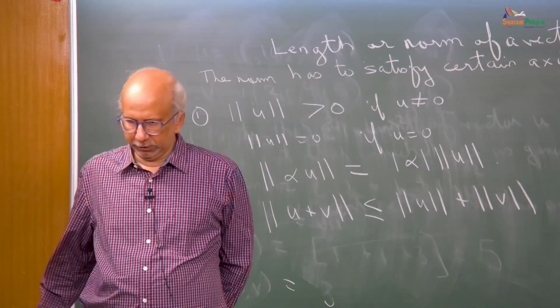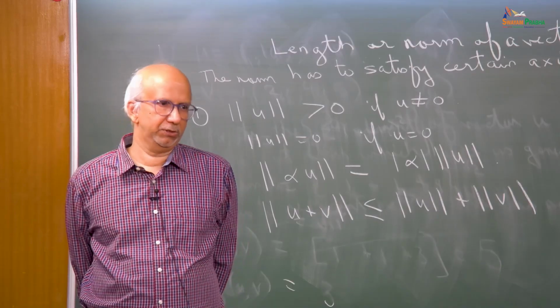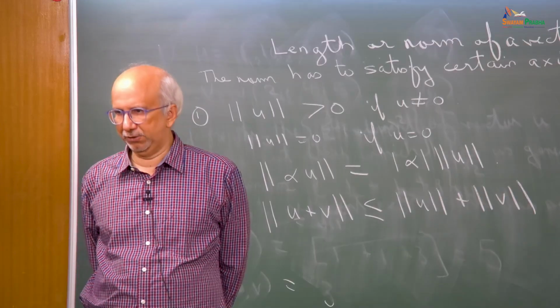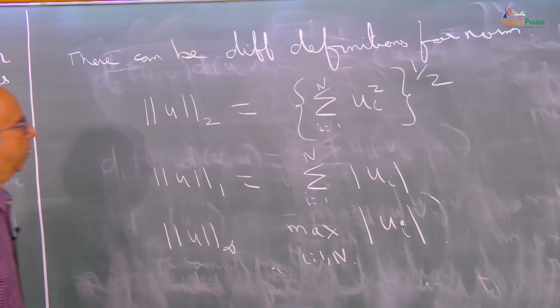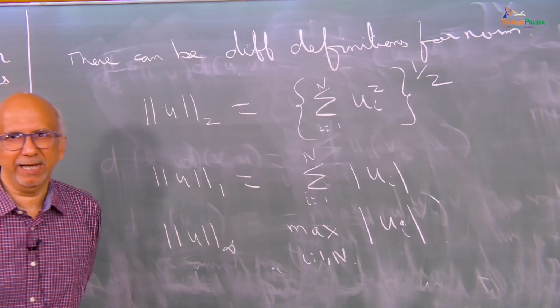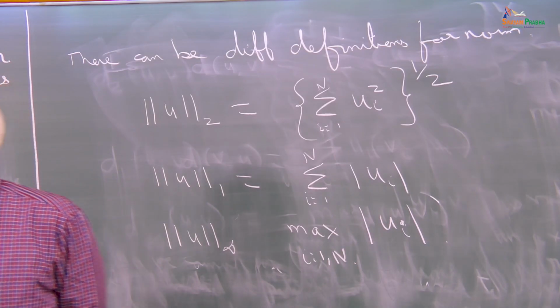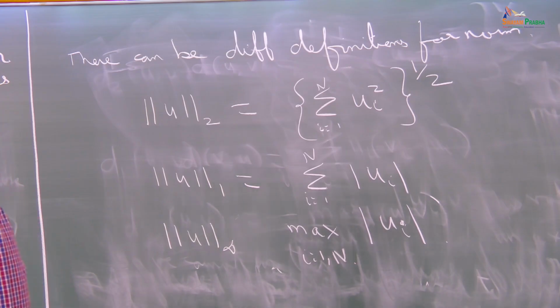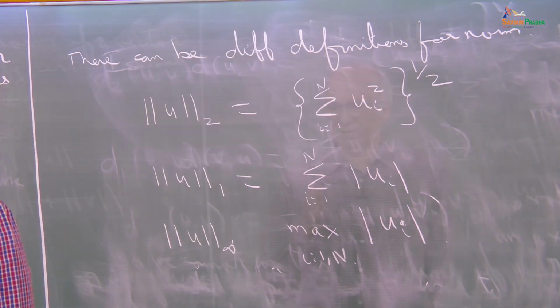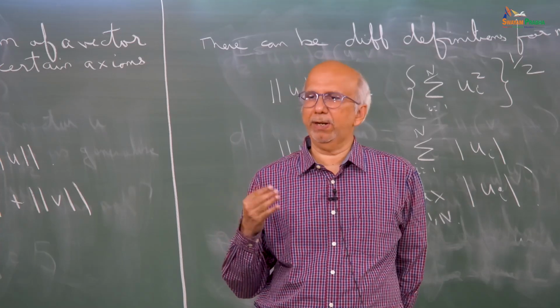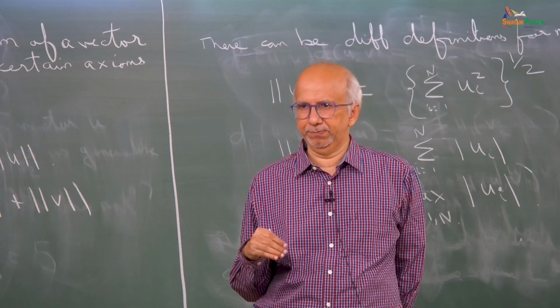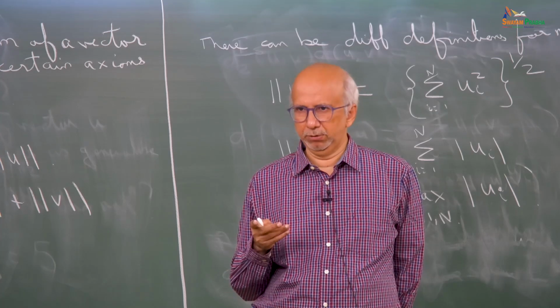But like I showed in the case of the metric, when you use different definitions, you will get different values for the length, but that is just the way you are measuring it. Okay. Now, there is a hierarchy of concepts which arise. For example, if the norm or the length is defined, then automatically a metric is defined, but not the other way around.